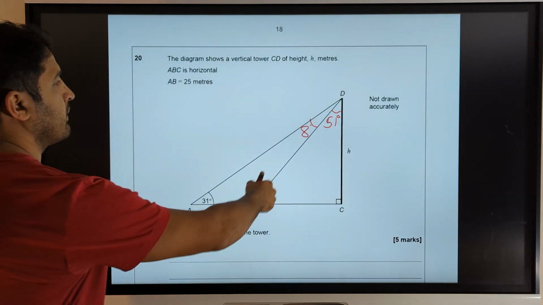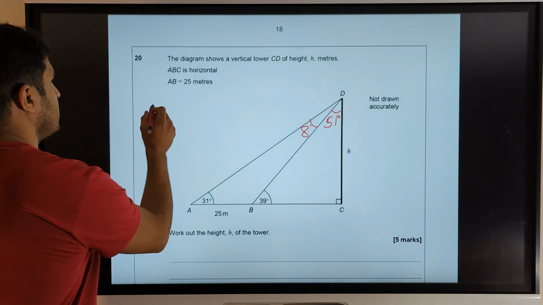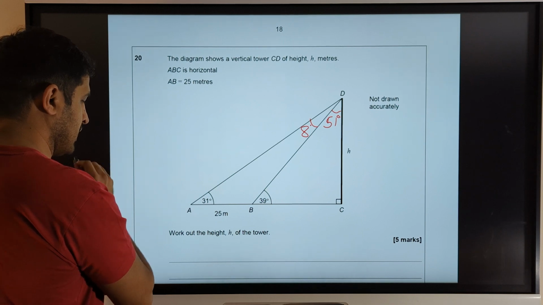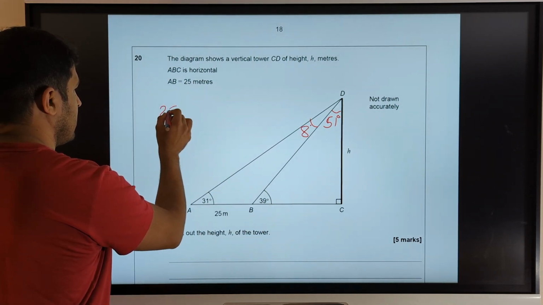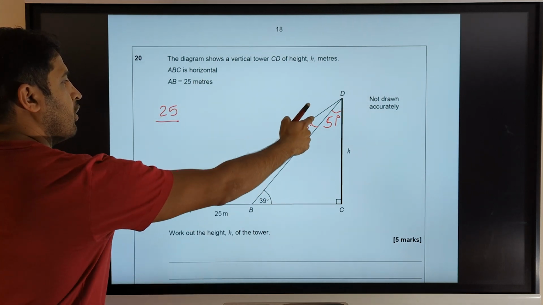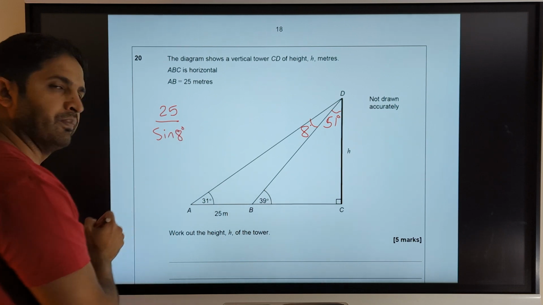Using the sine rule, we can work out this length, and once you have that length, you can work out the height. Okay, so we're going to use the sine rule, which means you can do the length here that's given to us, AB, 25, over the angle opposite that, which is sine of 8 degrees.